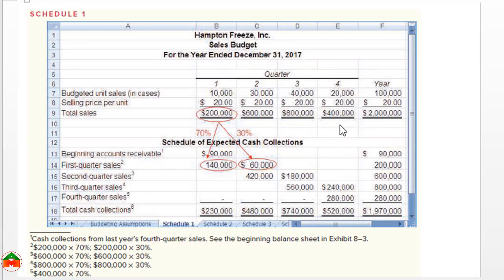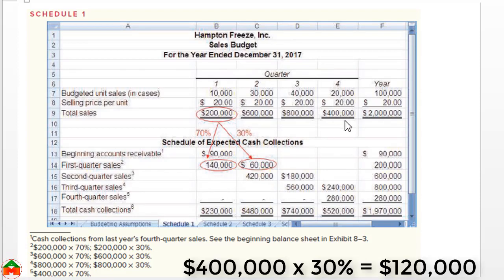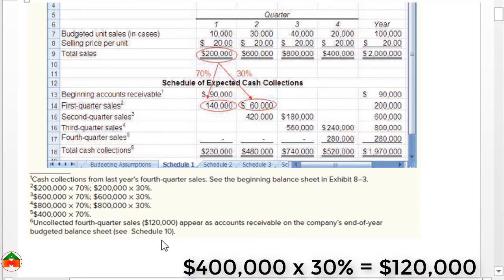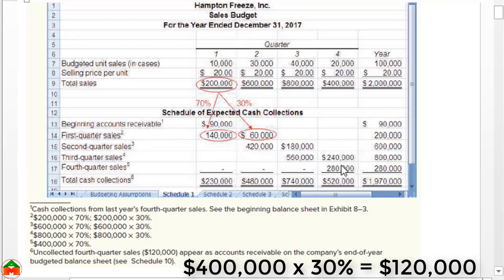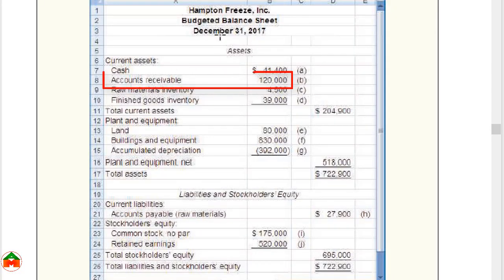That means 30% of 400,000 would be 120,000, and this 120,000 would be considered as accounts receivable, which will be shown as a current asset in the budgeted balance sheet. So we can see in the budgeted balance sheet our accounts receivable balance is 120,000.